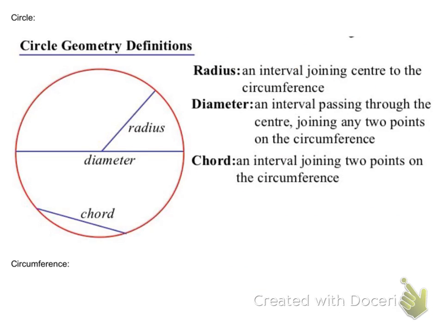The next one's on circles. So, circles, what's a circle? It's the very first thing way up on top there. What's a circle? Anybody have a definition of a circle?